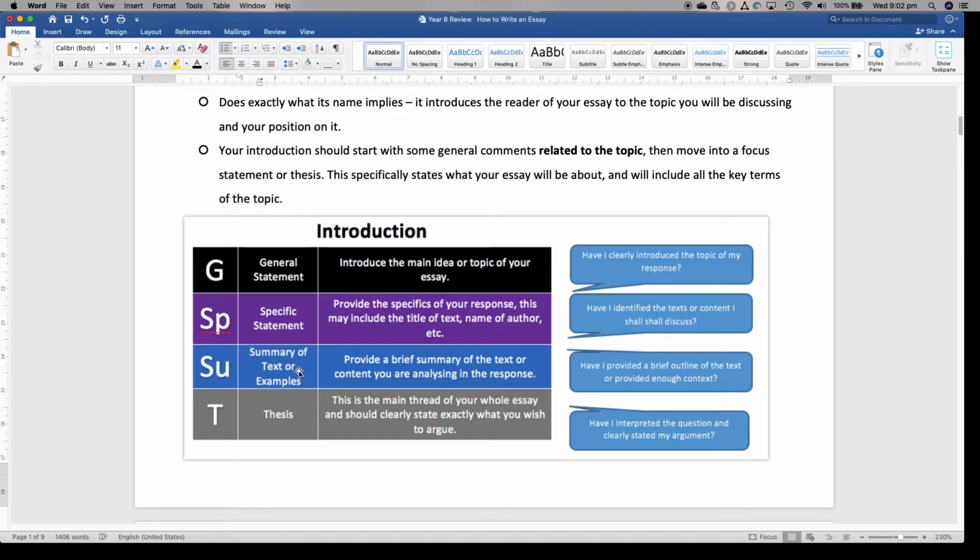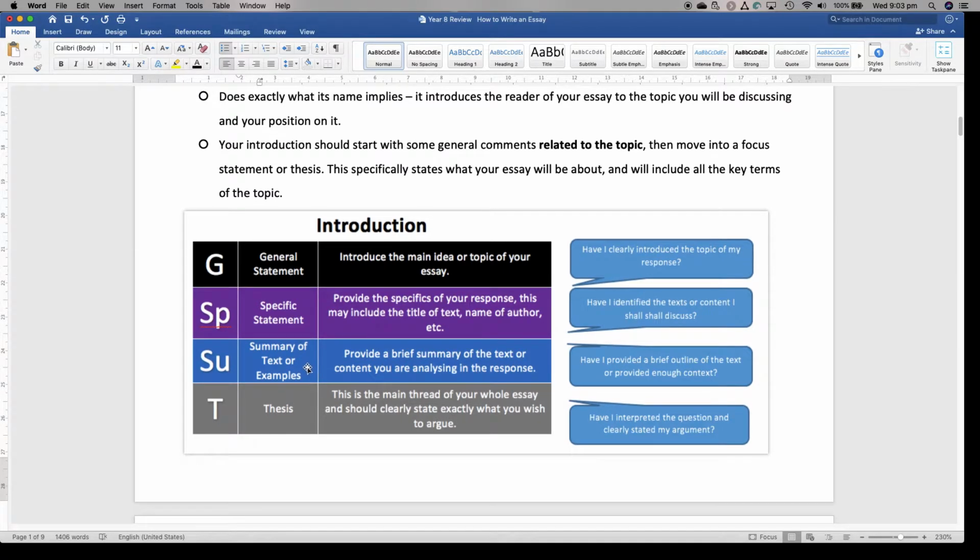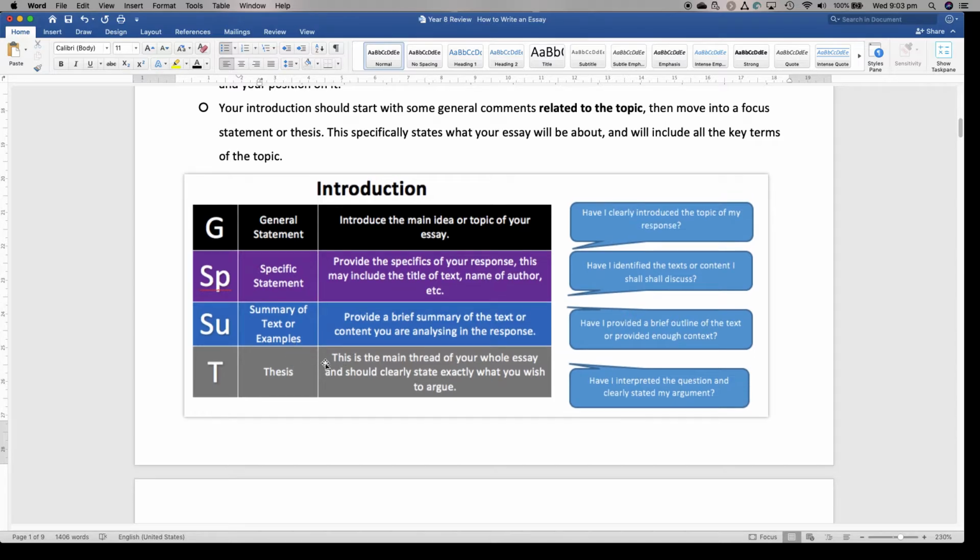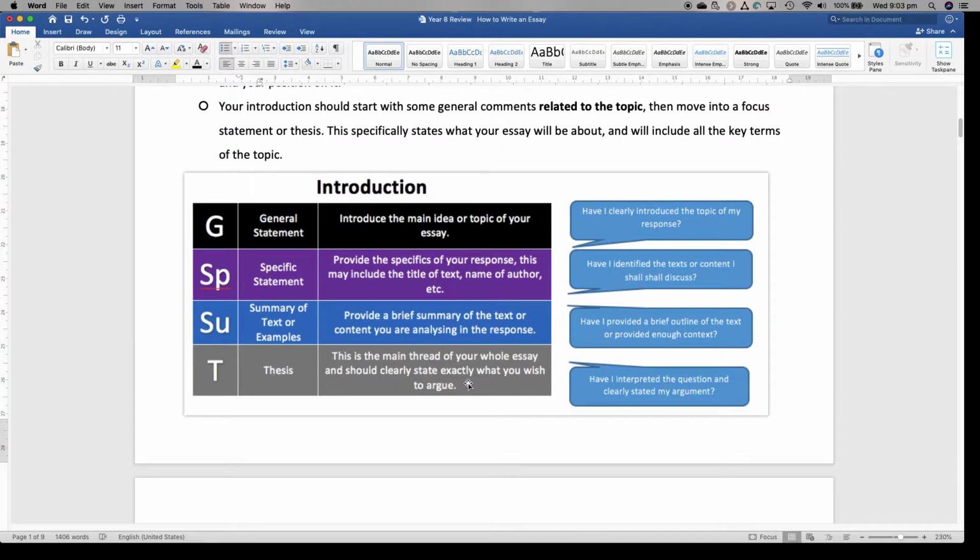Then we're going to have a summary of the text or examples. I always prefer writing a summary of the examples, but it's not a bad idea to incorporate that as a brief summary of the plot. So as you're retelling the plot of the text, try and hit on the examples that you're going to use throughout your essay. And finally, the thesis, the guts of your argument.